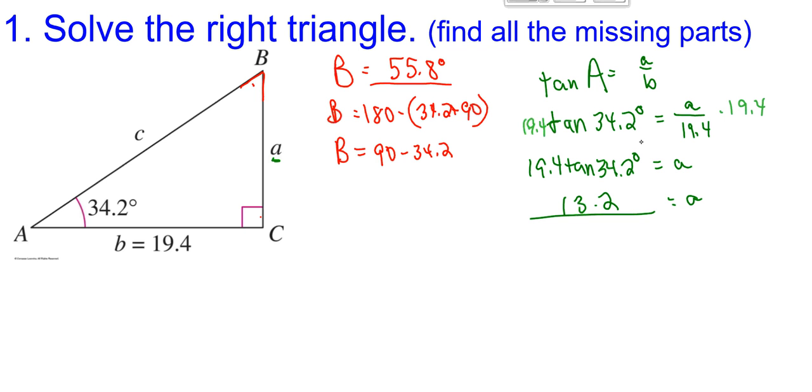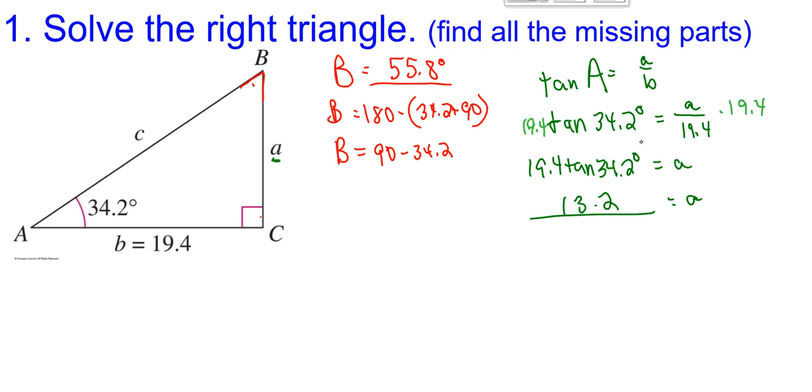Now, we could use the Pythagorean theorem to find that missing side. The only thing to be cautious of, and of course, if you show your work it's less of a deal on an exam where you want to get all the points, is that if I use a and I've made an error in finding a, then I'm doomed to get c wrong using the Pythagorean theorem.